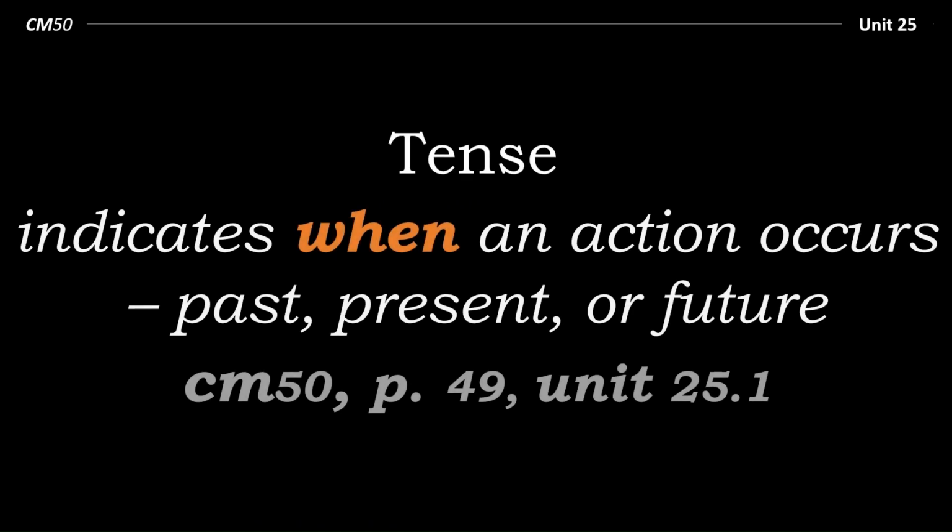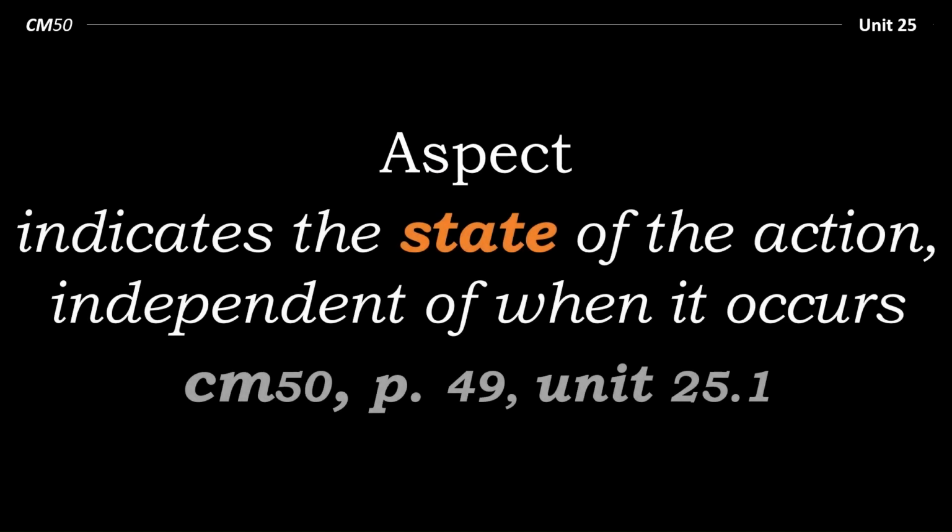So, what are aspect markers? Well, let's look at tense versus aspect markers. Firstly, tense indicates when an action occurs: past, present, or future. And what about aspect? It indicates the state of the action, independent of when it occurs.